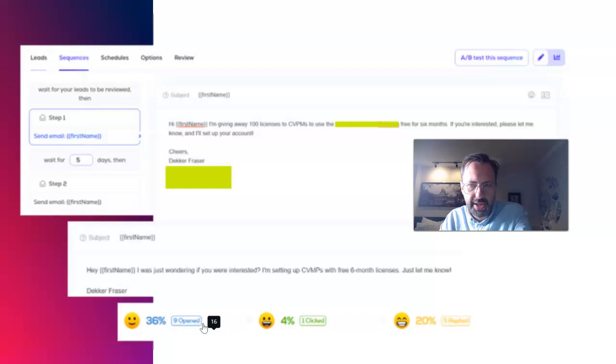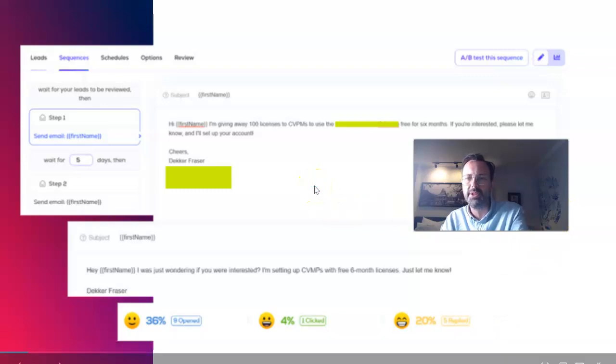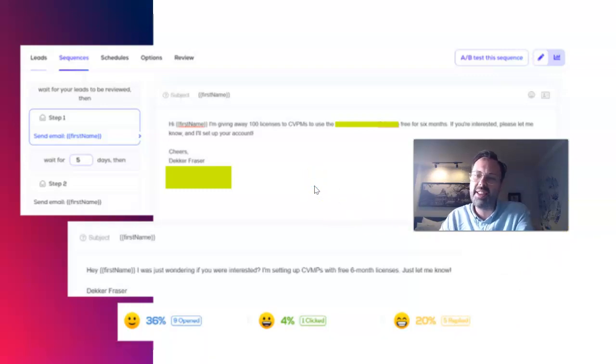With systems like Lemlist, you can get open rates of 50-60%. This is better than you'll probably see with MailChimp. I'd say around 30% open rates, but it could be a lot better. 1 click. So the goal here is reply. So that's really what you're aiming for. That's the next step you want people to take usually. You can send them to install the app, but they're probably not going to. It's much easier just to get a conversation going.